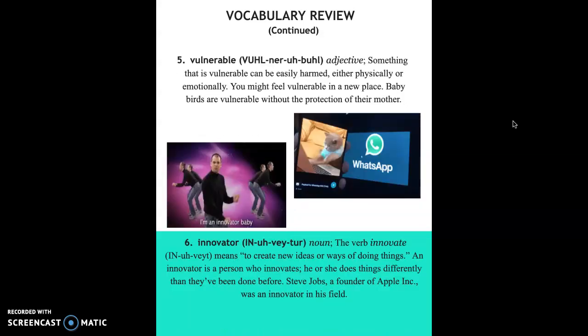Number 5 is vulnerable. This is an adjective. Something that is vulnerable can be easily harmed either physically or emotionally. You might feel vulnerable in a new place. Baby birds are vulnerable without the protection of their mother. In this picture, we have WhatsApp, one of our many apps out there that we can utilize, where you are vulnerable to the people and sources outside in the world because there are hackers out there who can try to get your information.